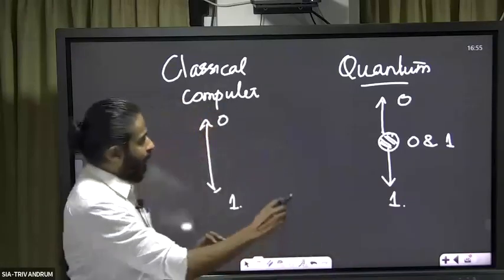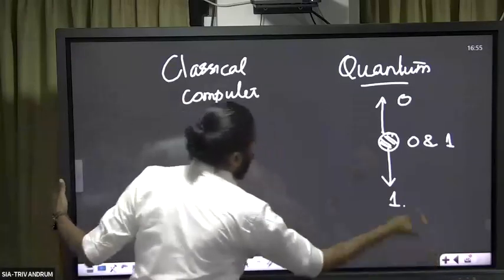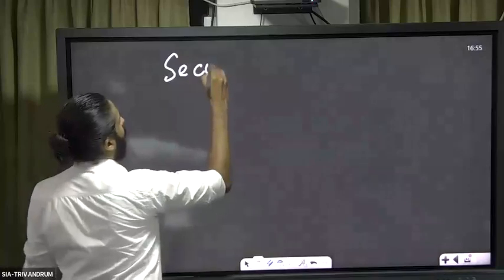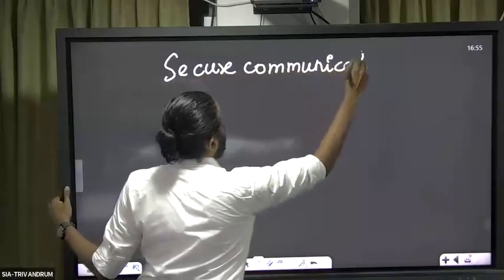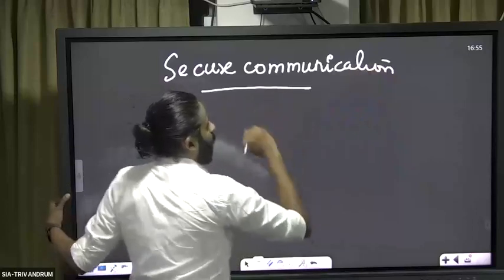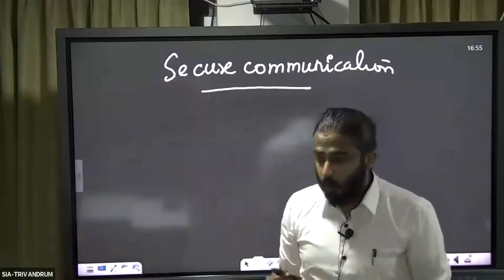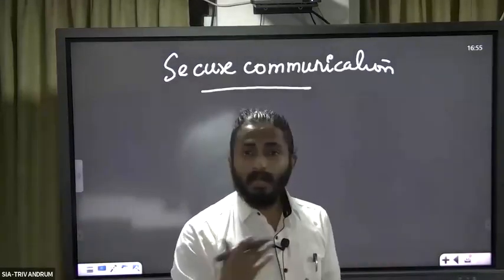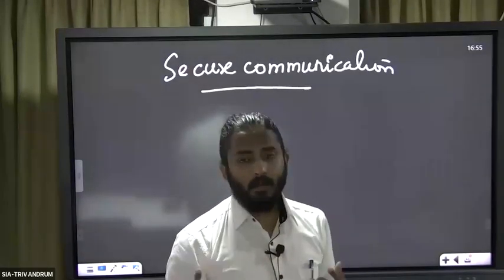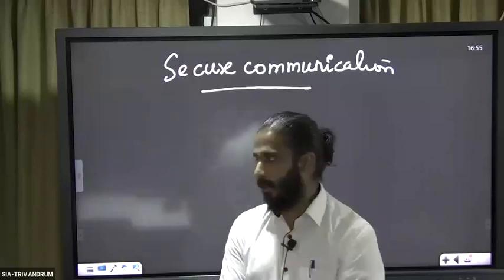Second important application of quantum computers is secure communication. This is very important. So certain communications we want to be very secret, like defense communication, or banking transactions, or say space communication. We want it to be extremely secret.